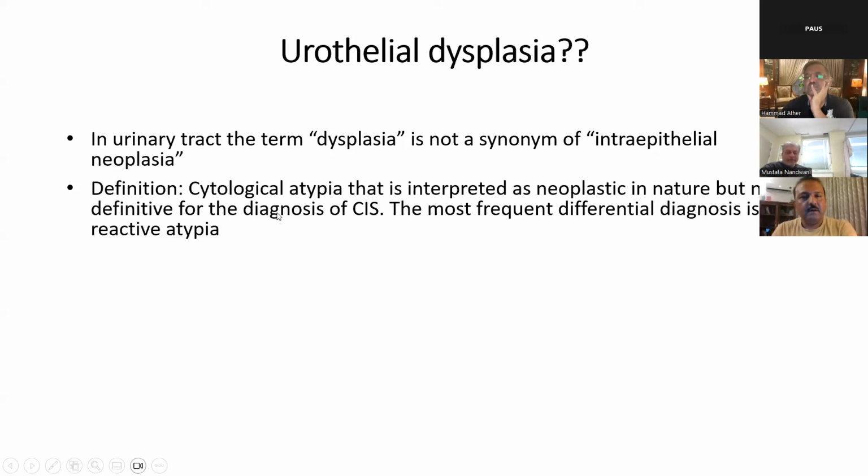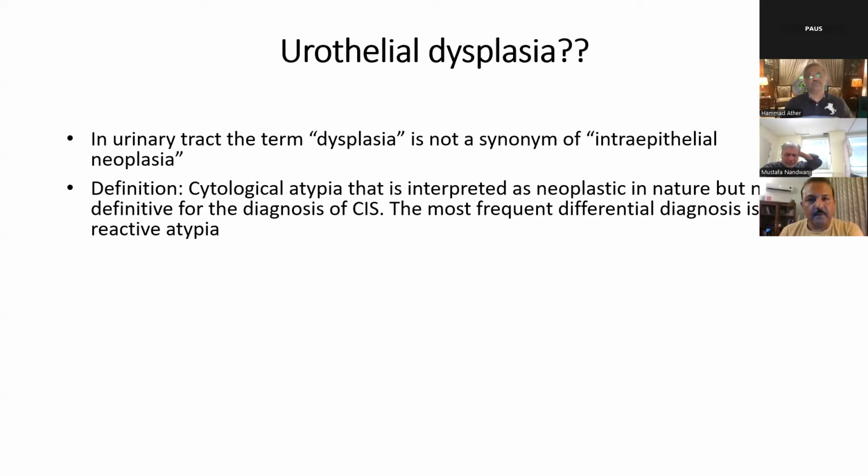Basically, they are those lesions which have cytological atypia, but it is not as marked as we expect in a CIS. It is short of CIS. So this is kind of an entity which pathologists use just to cover themselves, because they don't have enough features for a CIS.